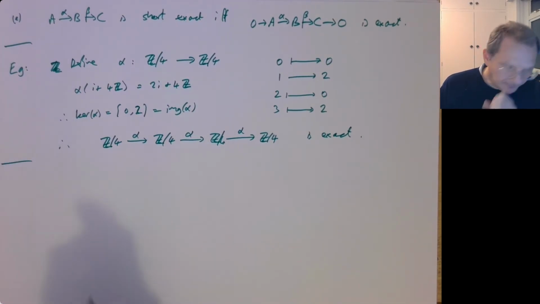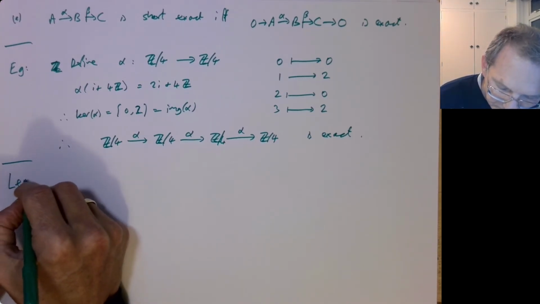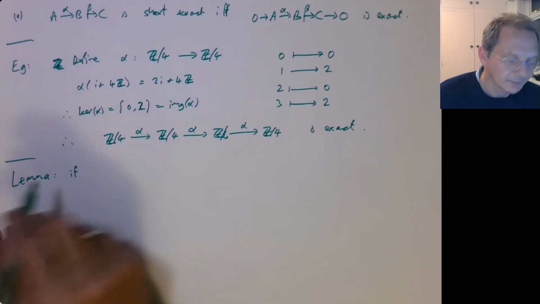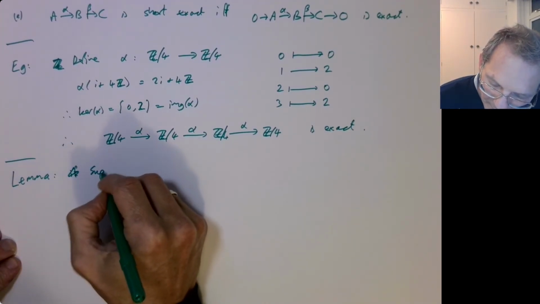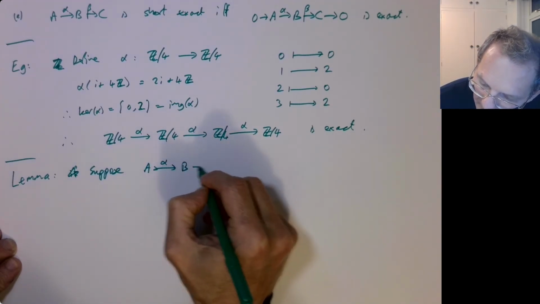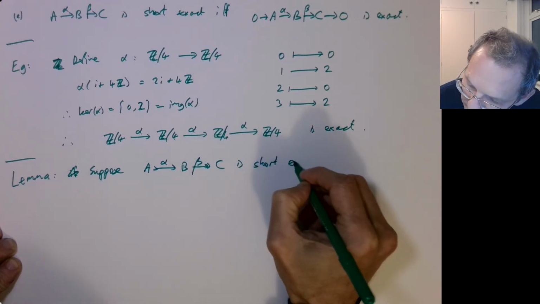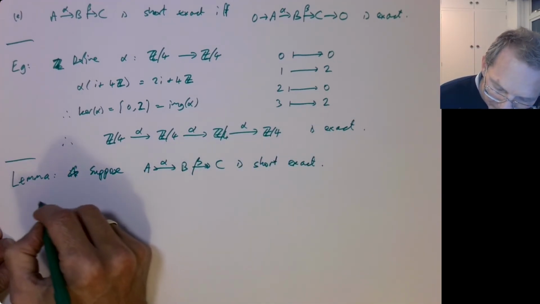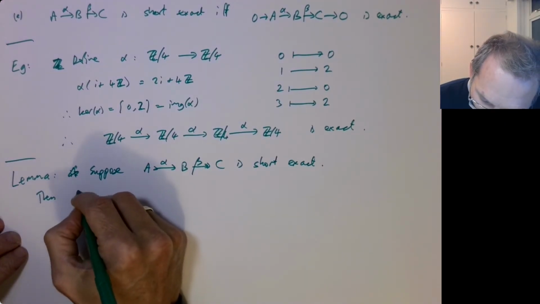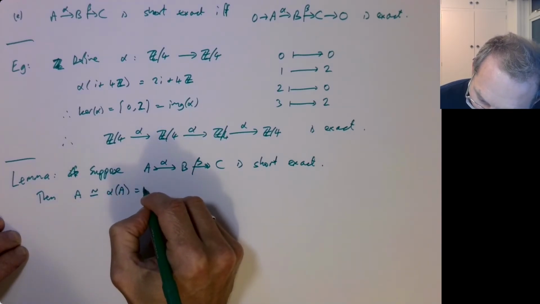So the last thing we want to say about exact sequences is this little lemma here. Suppose A alpha to B and then beta to C is short exact. Then A is isomorphic to alpha of A, in other words, the image of alpha.